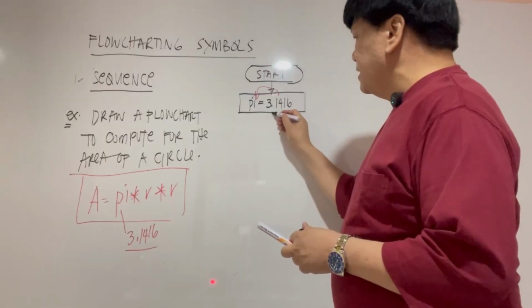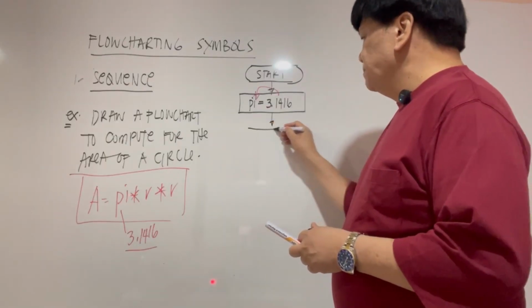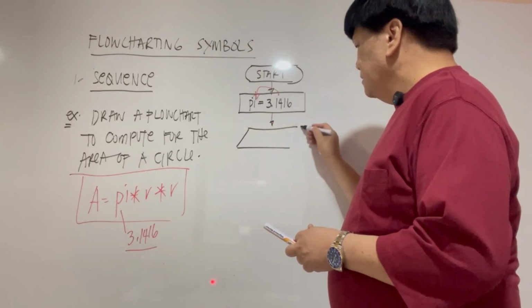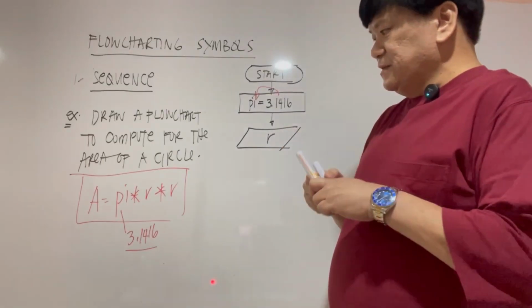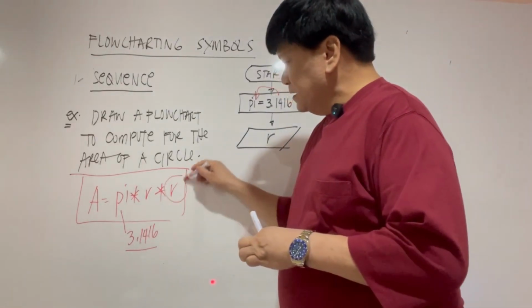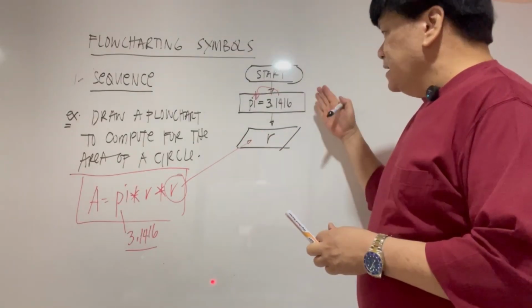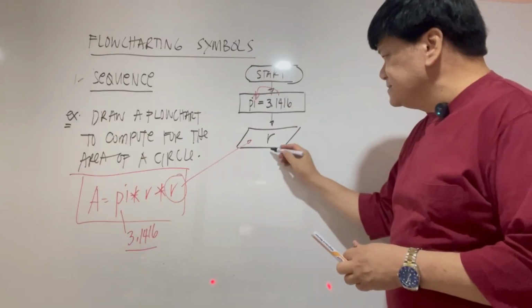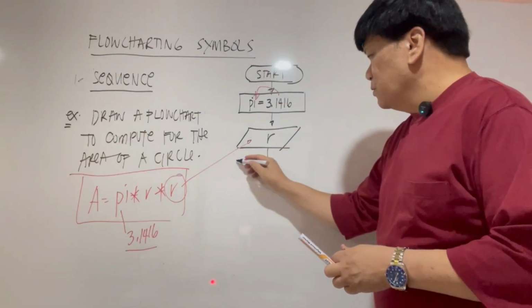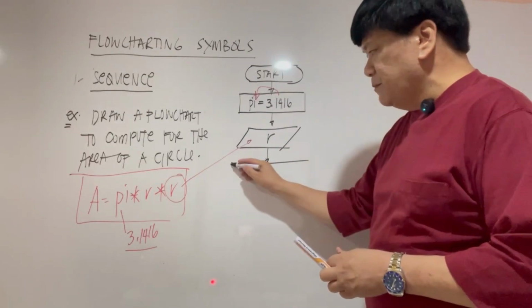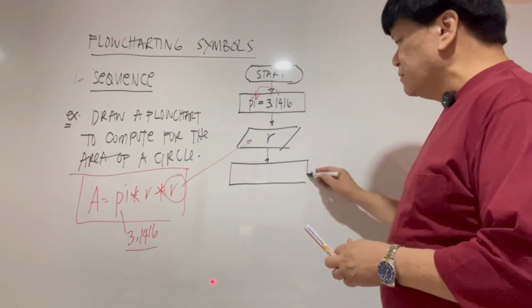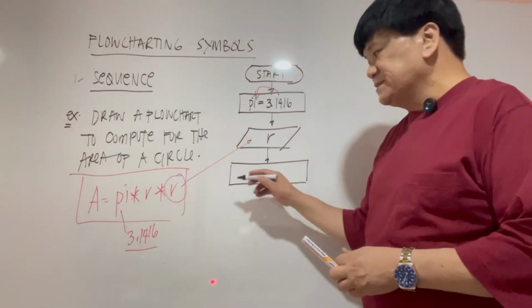So what will be our input here? Our input is the radius. Then we process the formula. How are we going to compute the area of a circle?